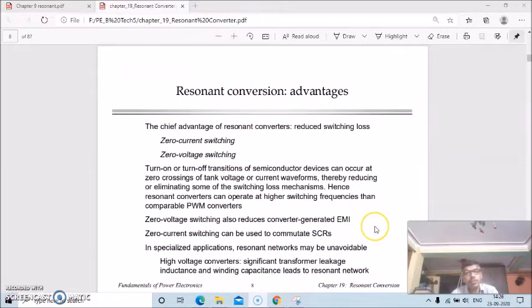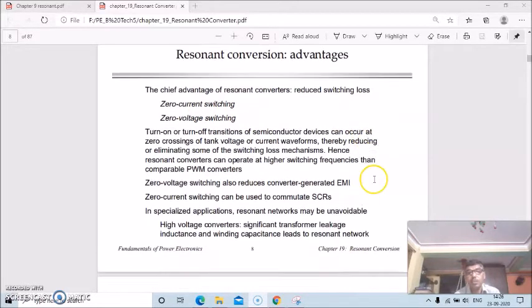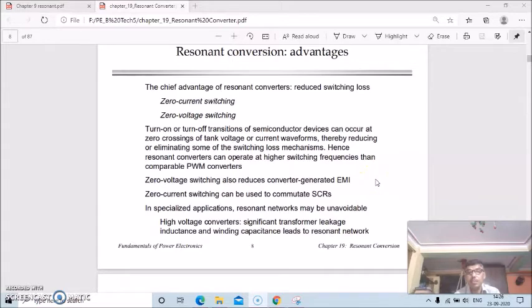Now, what are the advantages of these resonant conversions? The chief advantage of resonant converters is reduced switching loss. With zero current switching or zero voltage switching, turn-on and turn-off transitions of semiconductor devices can occur at zero crossings of the tank voltage or current waveform, thereby reducing or eliminating some of the switching loss mechanisms.